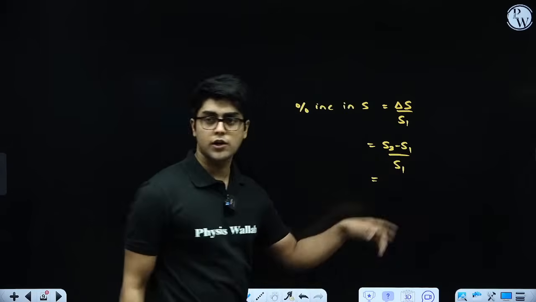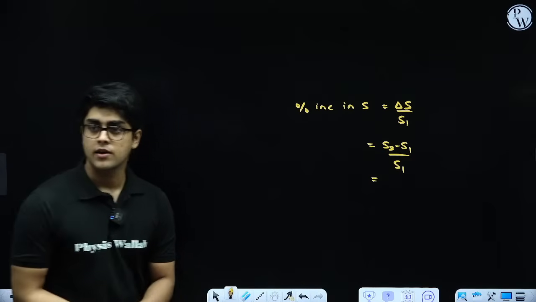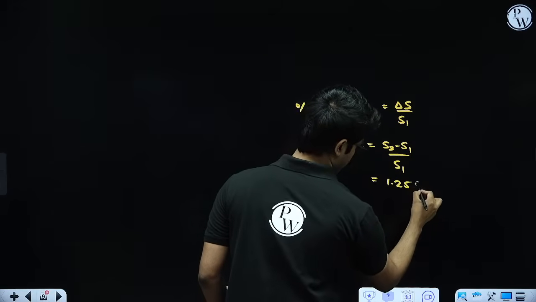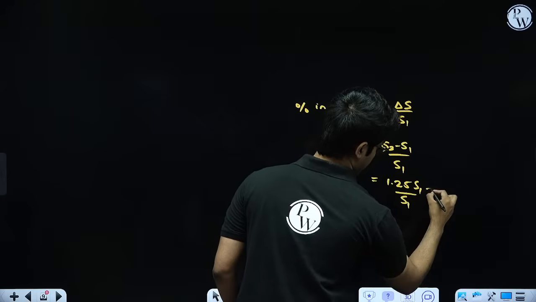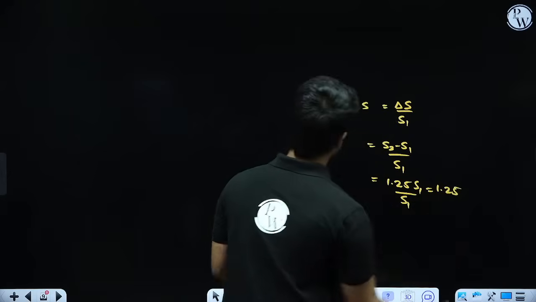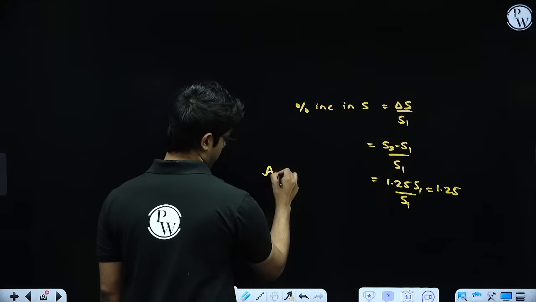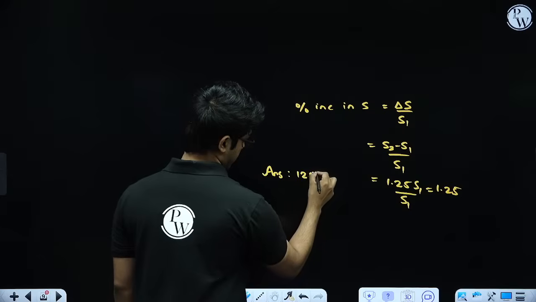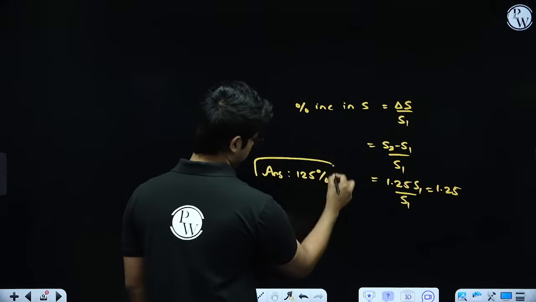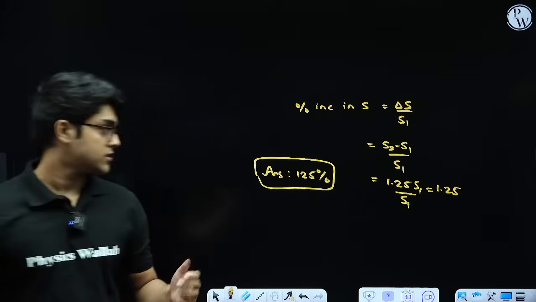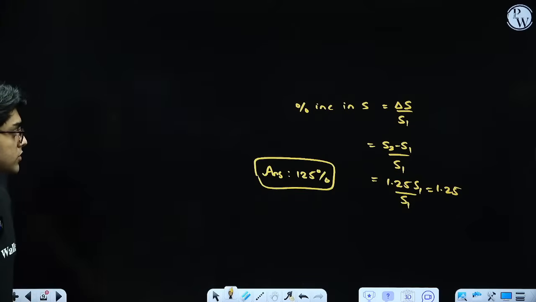S2 was 2.25 S1, so this will become 1.25 S1 divided by S1. So this is going to be 1.25. For percentage, we'll multiply this with 100. So the answer will be 125%. This is the increase in the surface area. In fact, none of the options actually matched. This was a JEE January question. That is it.